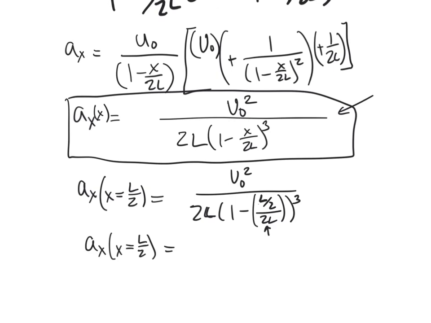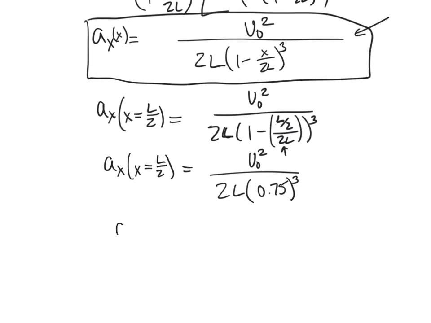Okay, so then L over 2 divided by 2L becomes 1 over 4. So 1 minus 1 over 4 becomes 0.75. So I end up with u naught squared over 2L times 0.75 cubed. Ultimately this becomes a_x at x equals L over 2 equals u naught squared over some number of L's.